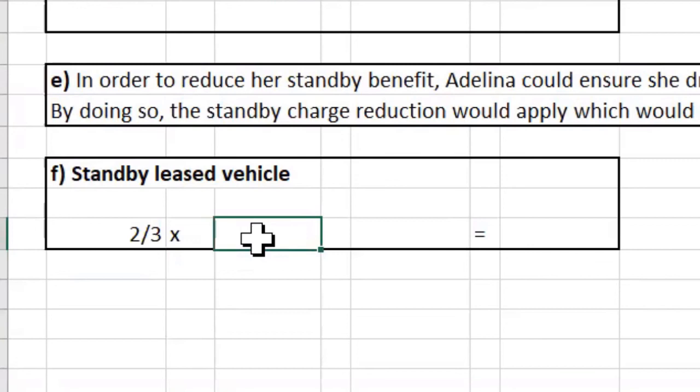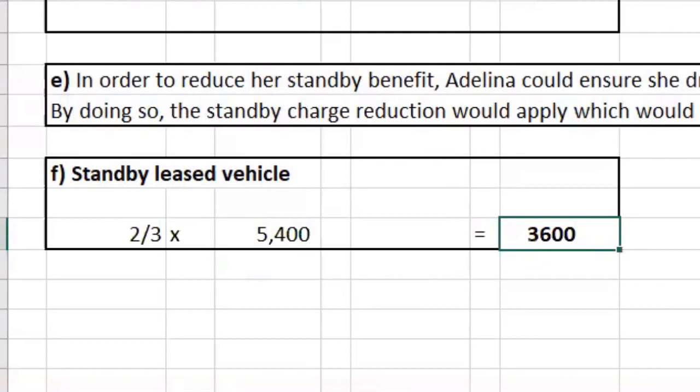If we were given a monthly lease cost, then we would multiply that by 12. But here we're given the lease costs for the year. There you go. And that's going to equal a grand total of $3,600. So that is the standby charge for a leased vehicle in this case.